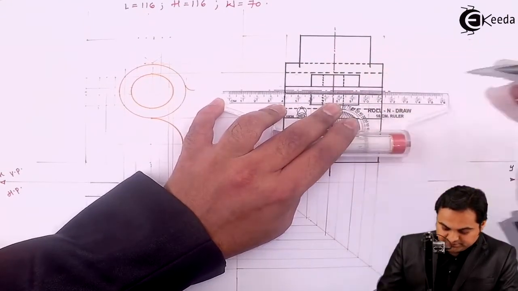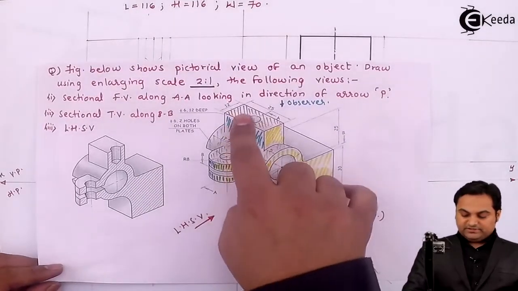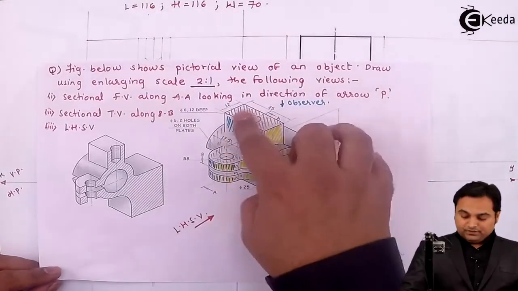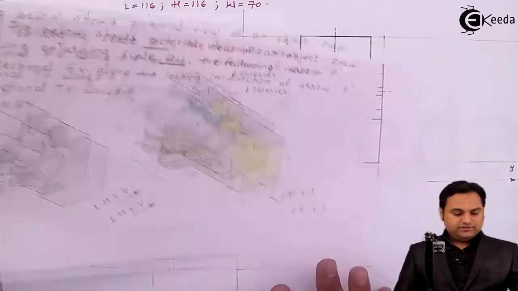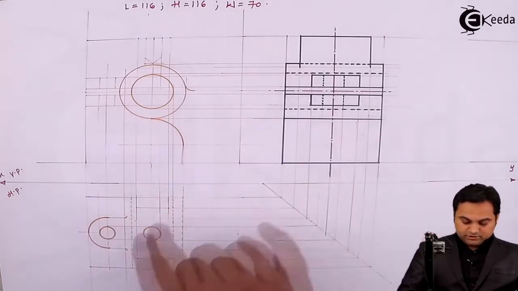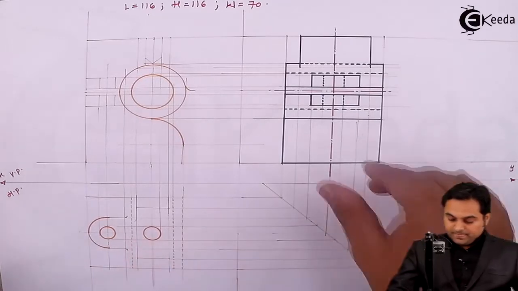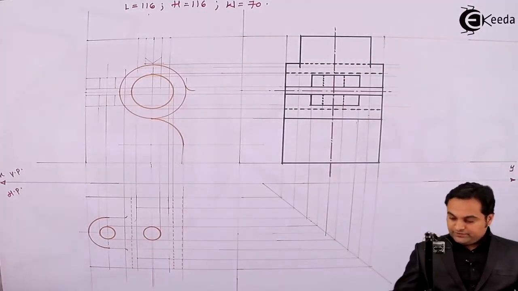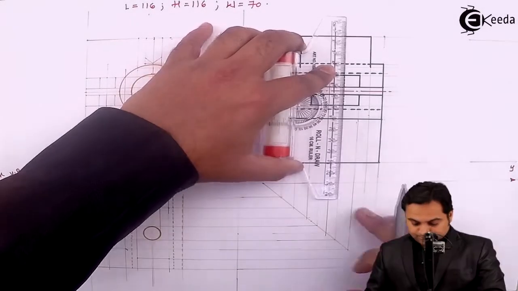Drawing the center lines. Then when reaching up till here, I can say that even inside this rectangular surface, there is a hole which will not be visible from the side, so it has to be hidden. So getting this hole, it is onto the same level because both the holes are having the same diameter, which is 12 mm. So it will be projected up to the cylindrical, or I can say here it is a rectangular surface.